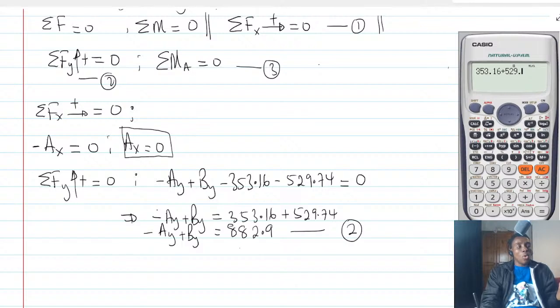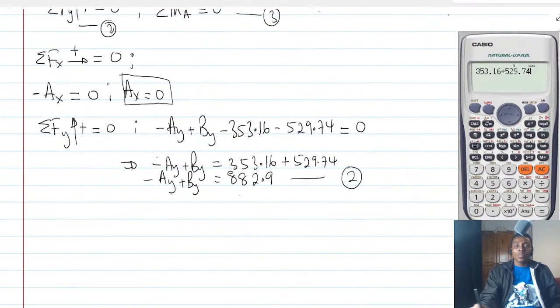Now most students do not know the difference between clockwise and anti-clockwise. Alright, so let's start with the moment. So we are going to sum moment about A, but we are going to say that counterclockwise is positive, and this should be equal to 0 for equilibrium.